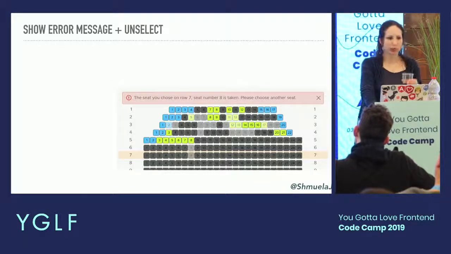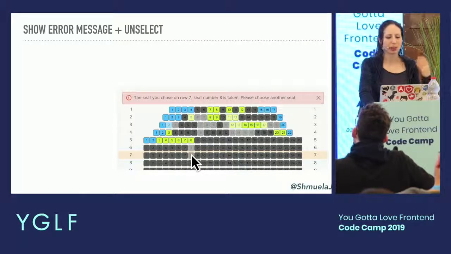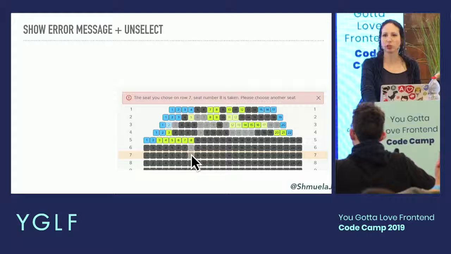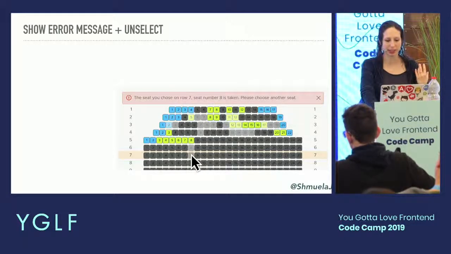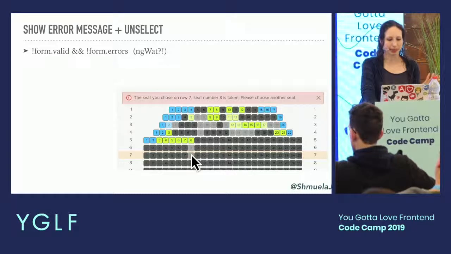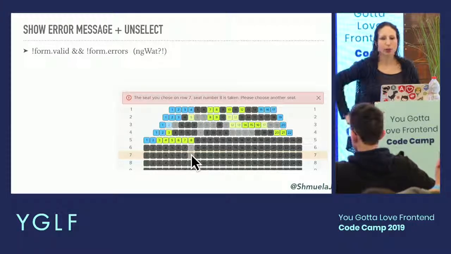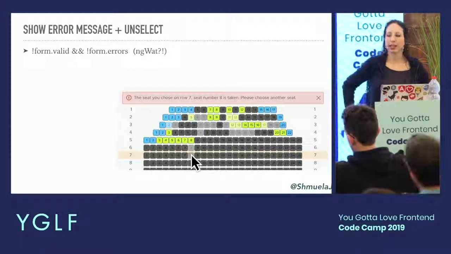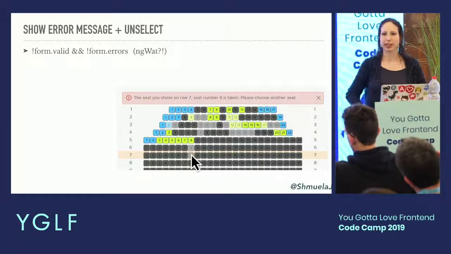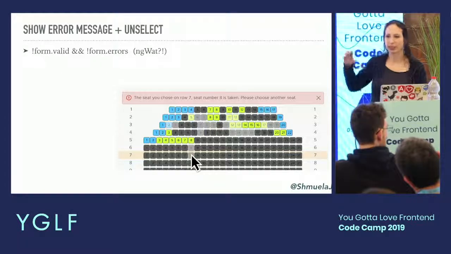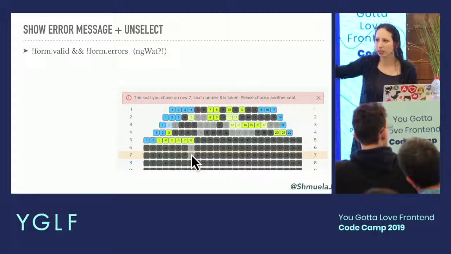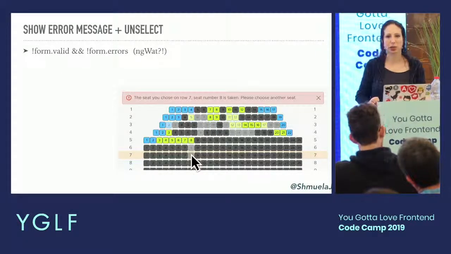We react on errors. So we show an error message, and we need to unselect the seat that was selected, that gave us the error. So how do we do that? How do we get an error, know where the error came from, and do something on this specific control?